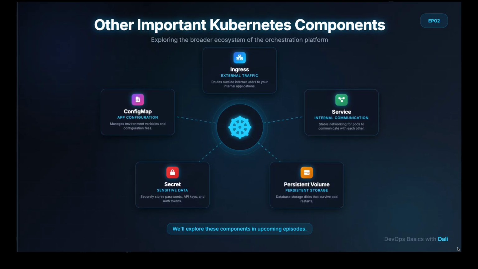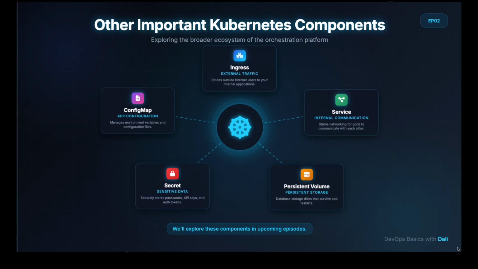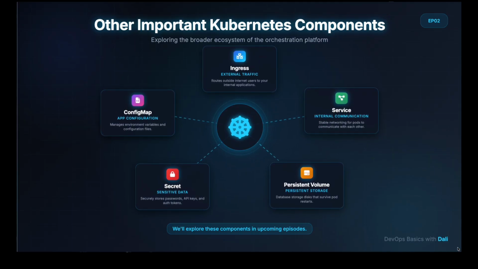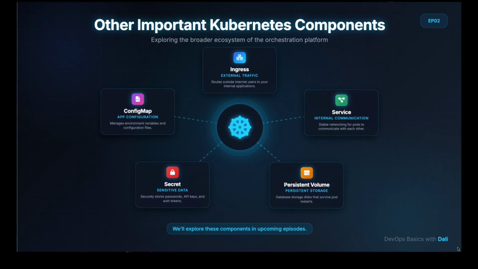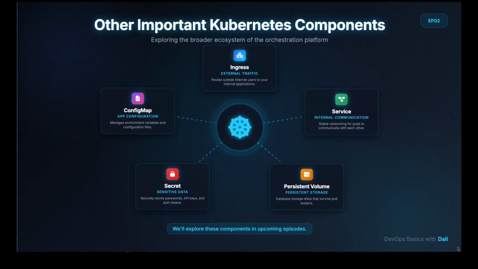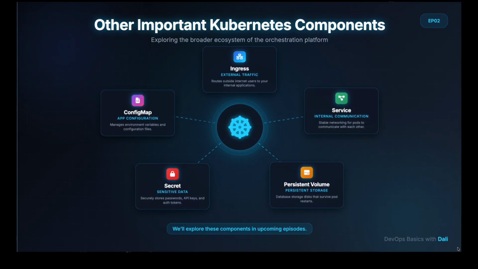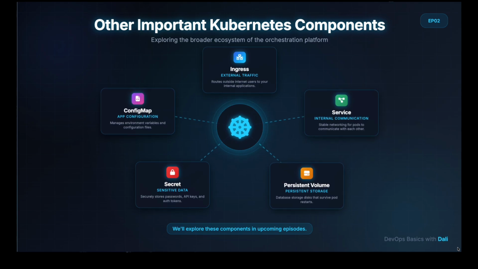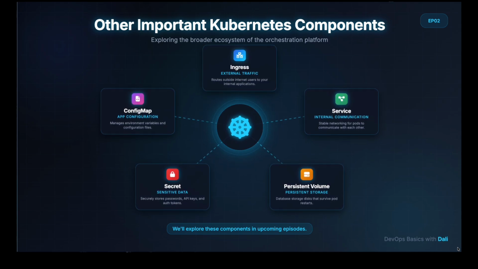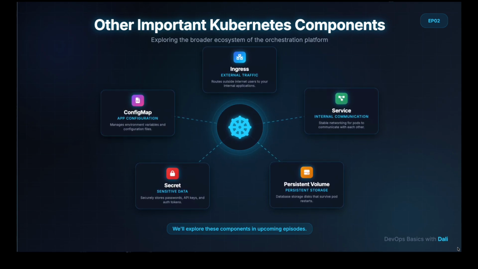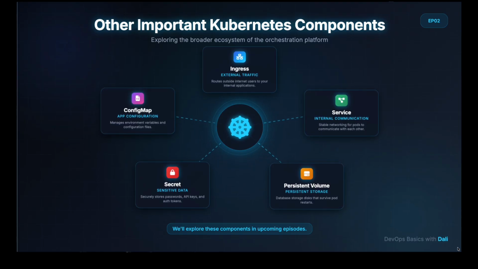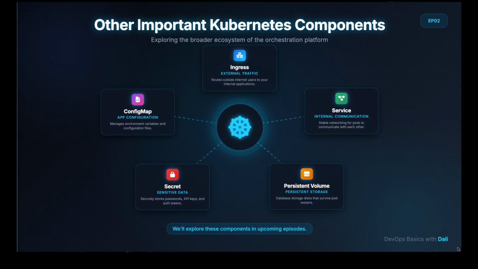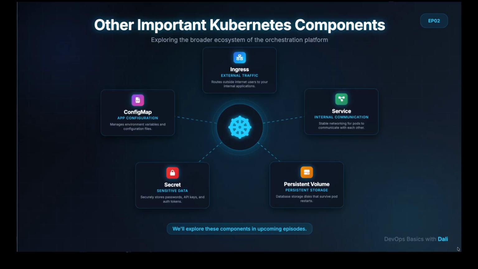Secrets are used to securely store sensitive information, such as passwords, API keys, and tokens. And persistent volumes provide durable storage for applications and databases. Together, these components help Kubernetes run real production workloads reliably and at scale. And don't worry, we'll explore each one of these components step by step in the upcoming episodes.